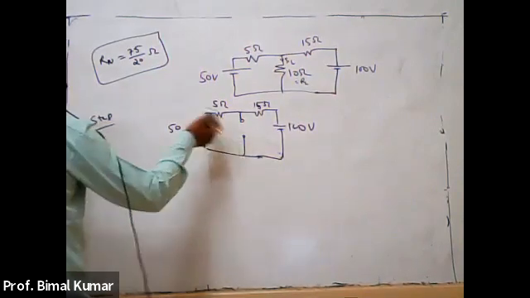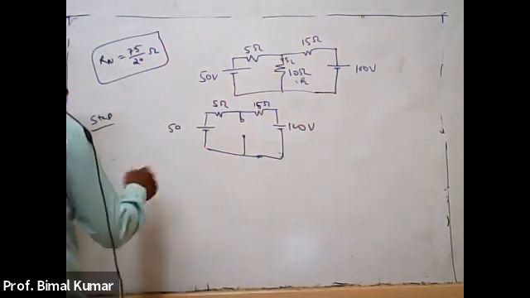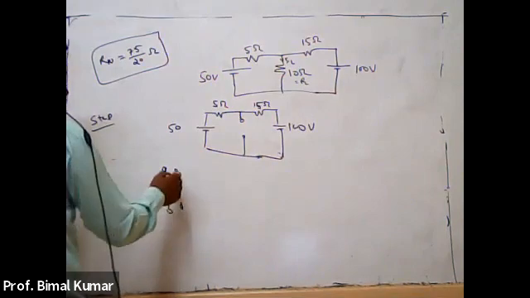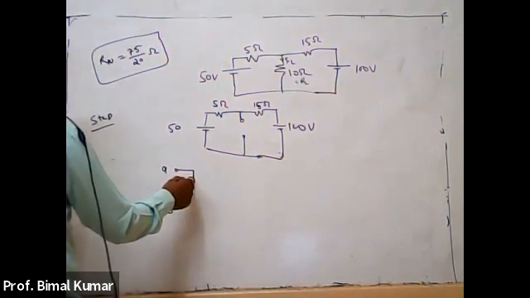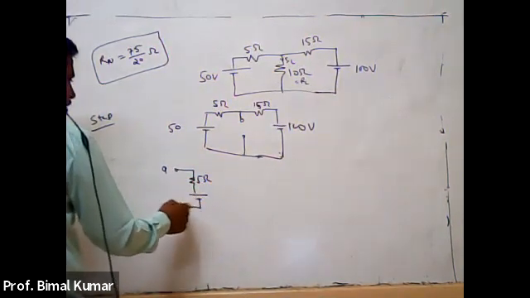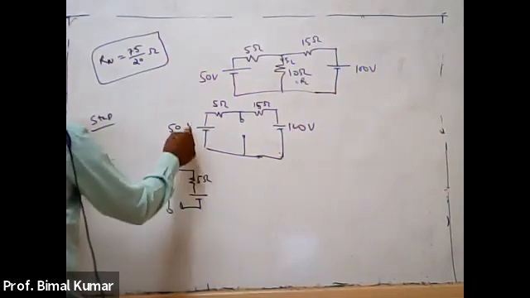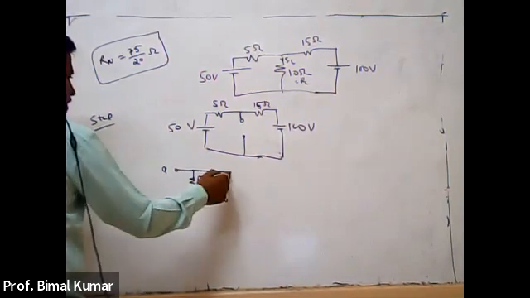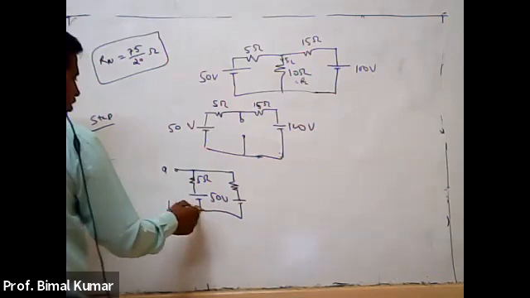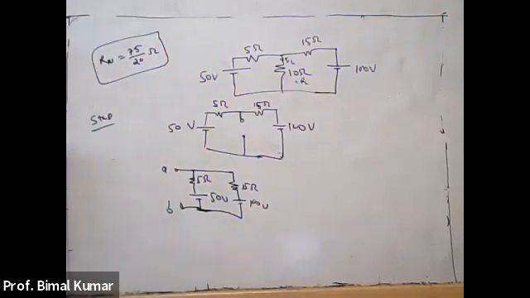I am taking this across the output. This is your terminals A and B, and here this will be 5 ohm and the 50 volt source, and here this will be 15 ohm and the 100 volt source, right?